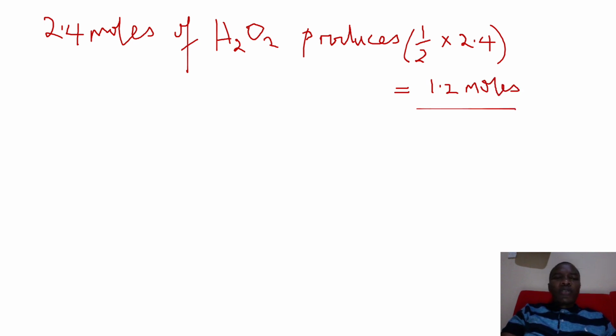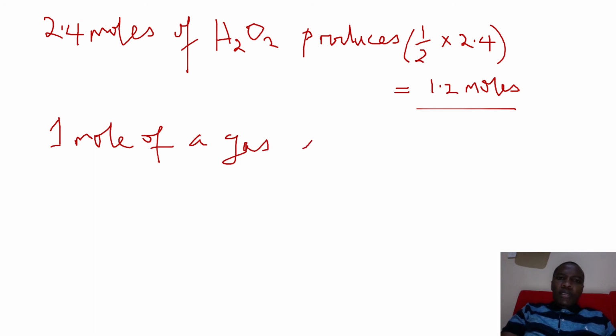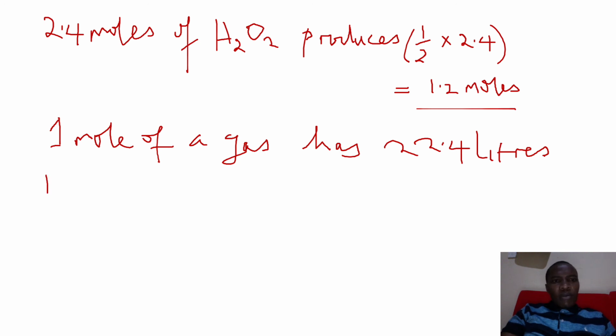If those are the moles of oxygen, we know very well from the statement that 1 mole of a gas, which is oxygen in this case, has a volume of 22.4 liters at STP. How about the 1.2 moles of the same gas?